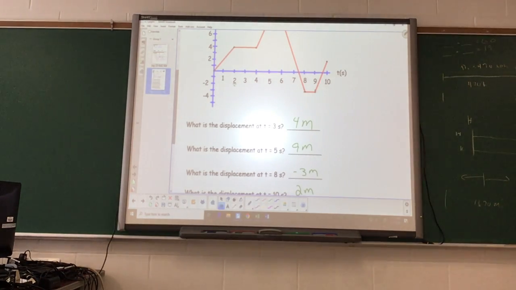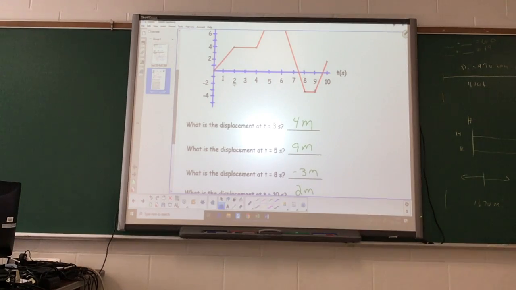And if I want to calculate a velocity, how do I calculate a velocity on a displacement time graph? Drew? What did we do on the other side? What was our velocity? Okay, delta D over delta T, or delta S over delta T, which is the what of our graph here?